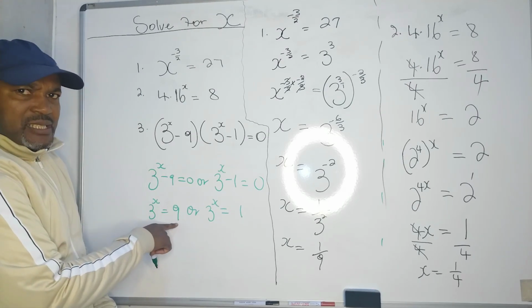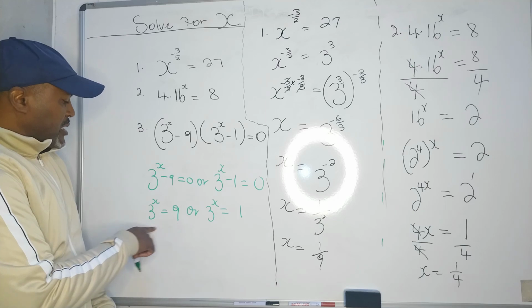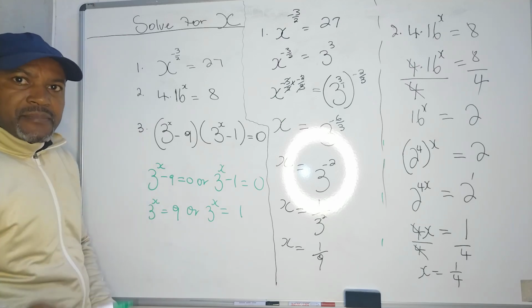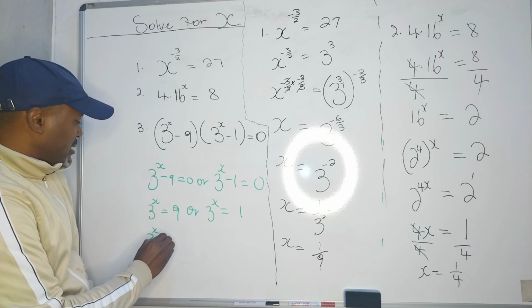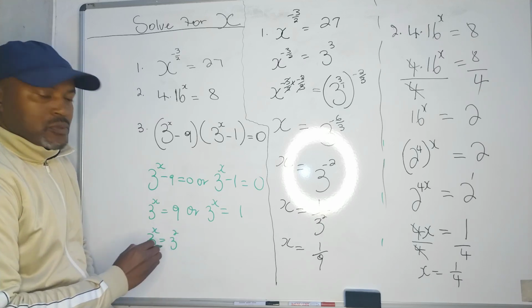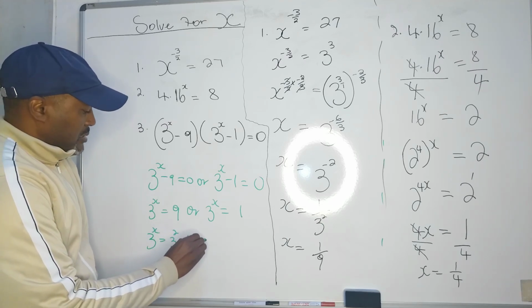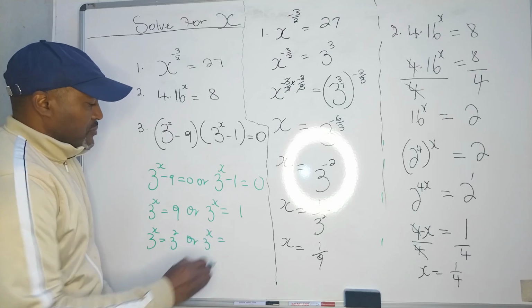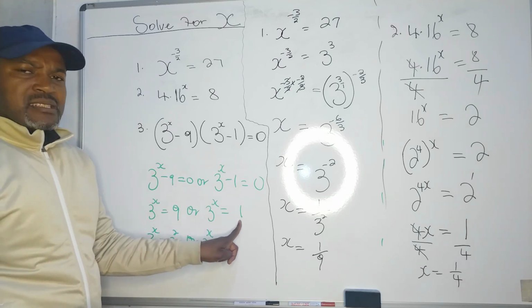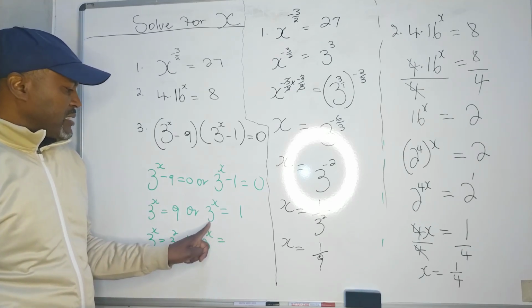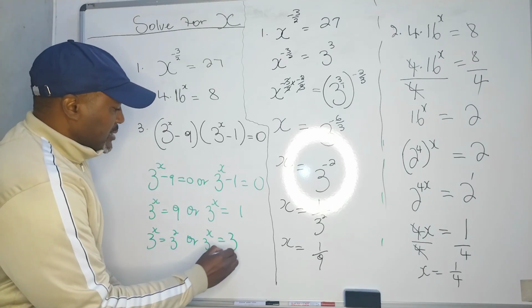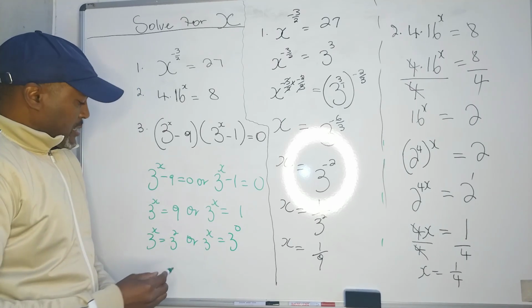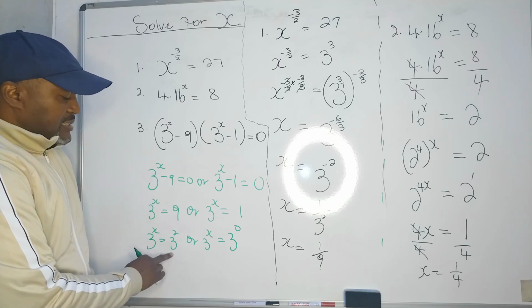What is 9 in terms of 3 raised to something? 3 raised to x is equal to 3 raised to 2, or 3 raised to x is equal to 3 raised to 0, since 1 is 3 raised to 0.